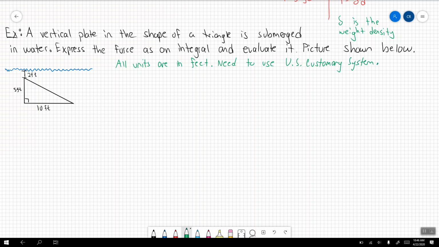If I need gravity, then I'm going to interpret gravity as 32 feet per second squared. Anything else that I need needs to be in that U.S. customary system. So awesome.